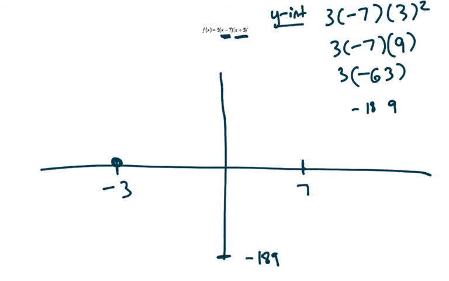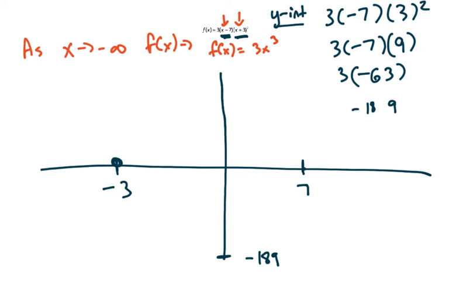Well, we can find the end behavior. The fancy way of saying this is we say as x approaches -infinity, f of x approaches what? So we can see here that this is squared, this right here is squared, and this is x. So this whole thing, the leading term, would be 3x cubed, okay?